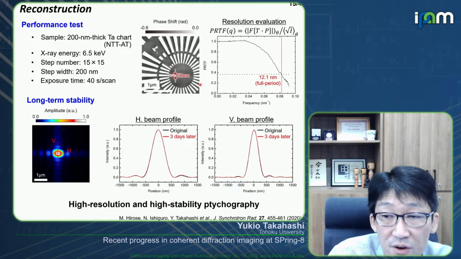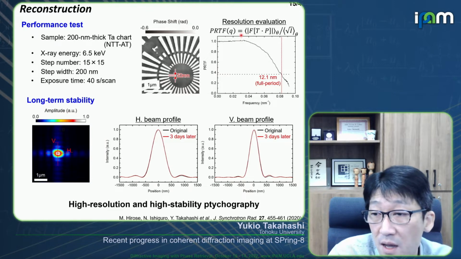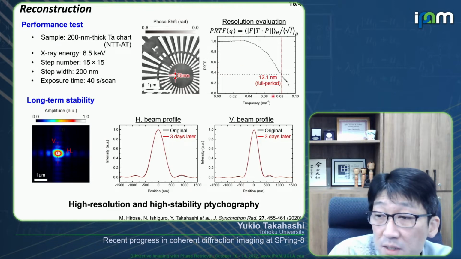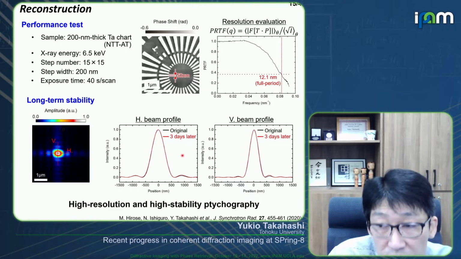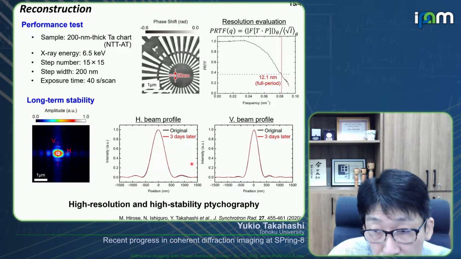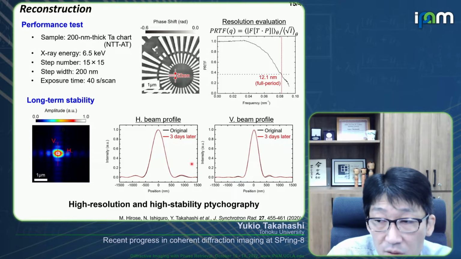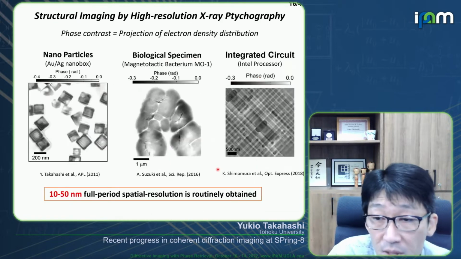By the PRTF analysis, the full period spatial resolution was estimated to be 12.1 nanometers. Regarding probe stability, the probe function almost doesn't change after 3 days. So we established a high resolution and high stability ptychography measurement system using advanced KB mirror optics.